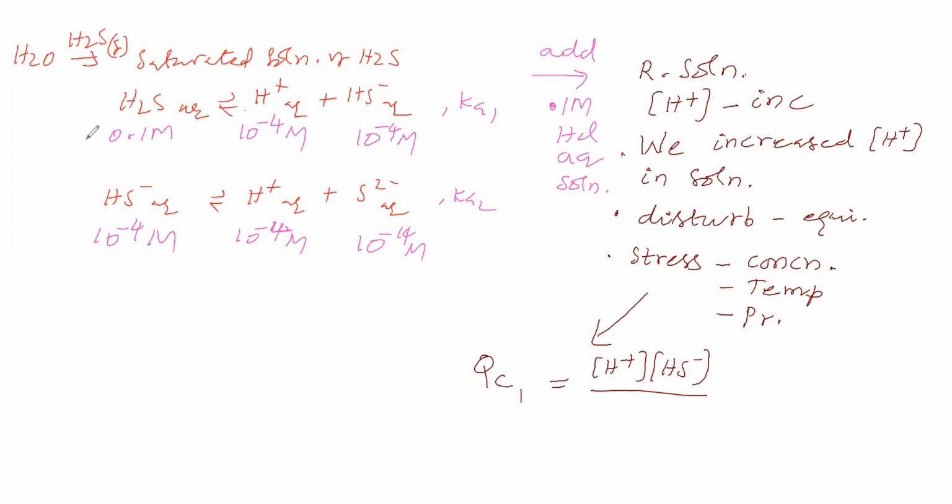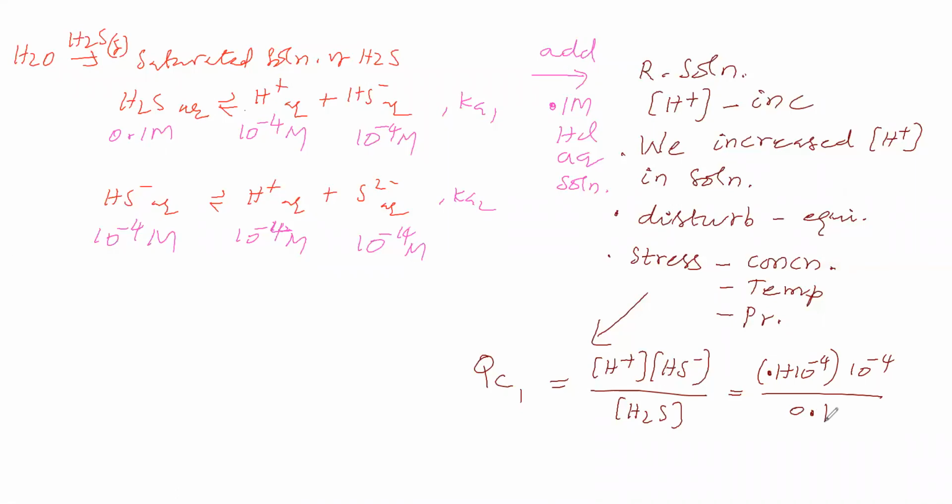Now we substitute the values. H plus concentration is 0.1 plus 10 to the power of minus 4, since 10 power minus 4 is already there and we are adding 0.1. HS minus concentration is 10 to the power of minus 4. H2S concentration is 0.1 molar.